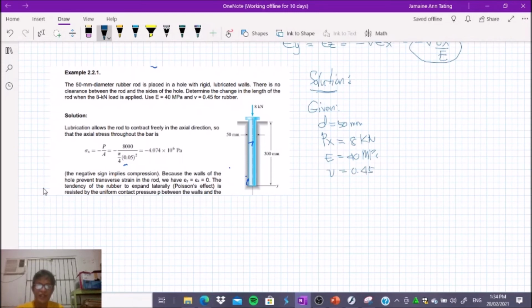Okay. So now, our diameter is 50. Therefore, we can compute for sigma x. Our sigma x will be equal to Px over the area. Our area, by the way, this will be 8,000, converted already, over pi over 4 times 50 mm diameter squared.